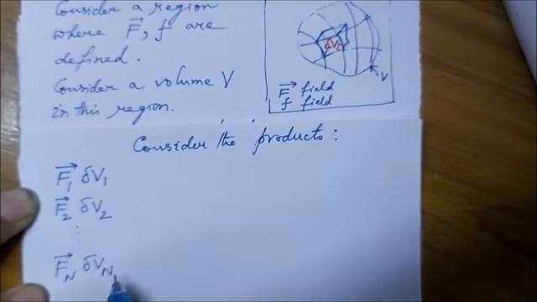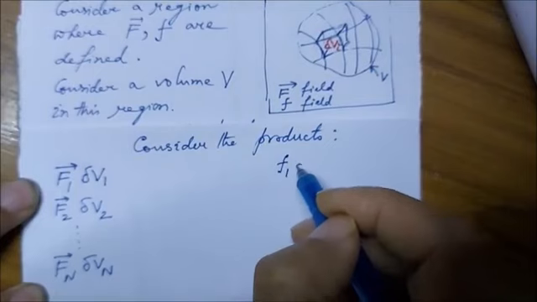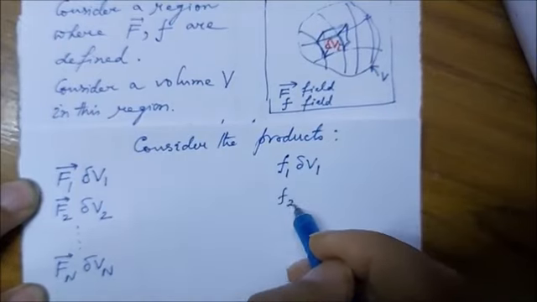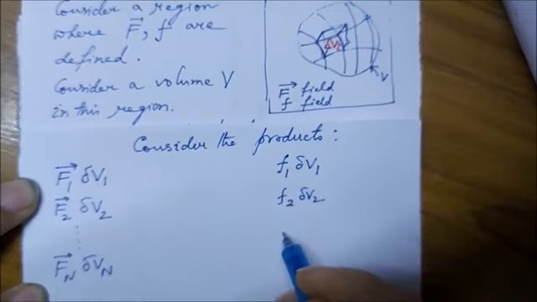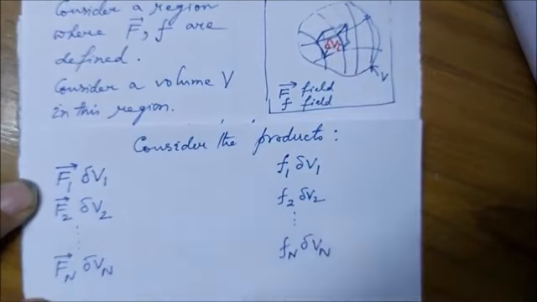Similarly for the scalar field. So with the scalar field, let us construct these products. Obviously, these are simple multiplications, neither dot product nor cross product.